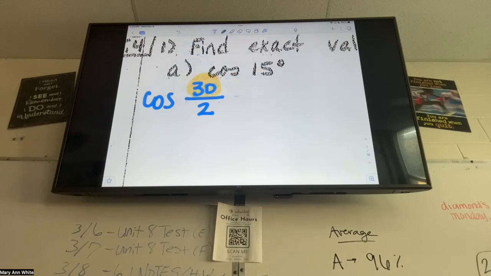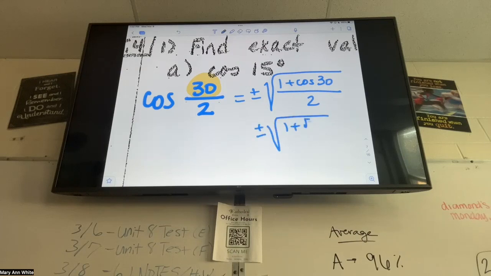The identity that we have is plus or minus square root of 1 plus cosine of theta, which in this case is now 30, all over 2. We're using one of our unit circle angles, so we actually know what cosine of 30 is. Who remembers what cosine of 30 is? Ava? Root 3 over 2. Root 3 over 2, yeah. So we got 1 plus root 3 over 2, all over 2.